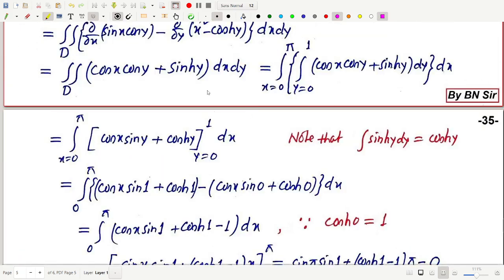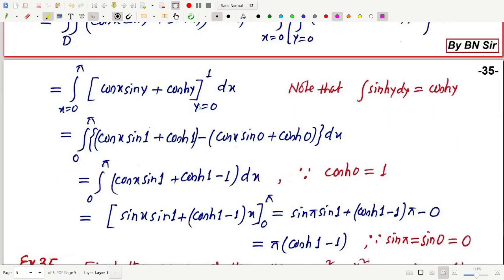So for the integration of the function, first let us integrate with respect to y. Cos x cos y. The integration of cos y is sin y, and the integration of sin hyperbolic y with respect to y is cos hyperbolic y. Okay, no minus sign.